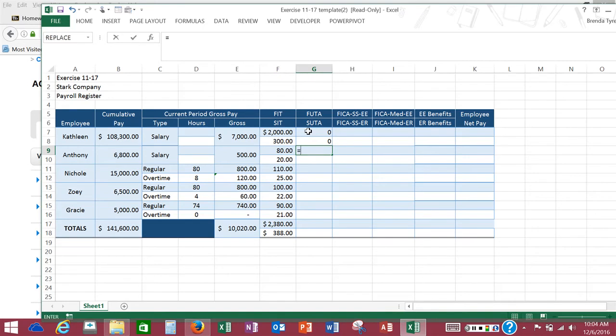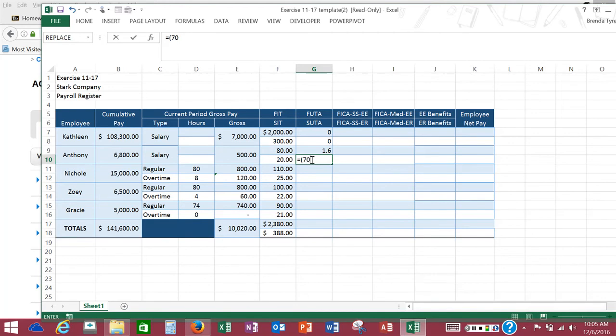So we'll take $7,000, the cap, minus the $6,800, and we're going to multiply that by 0.008 for 0.8%, and we get 1.6. The SUTA rate is 5.4%, so we'll do the same thing there.